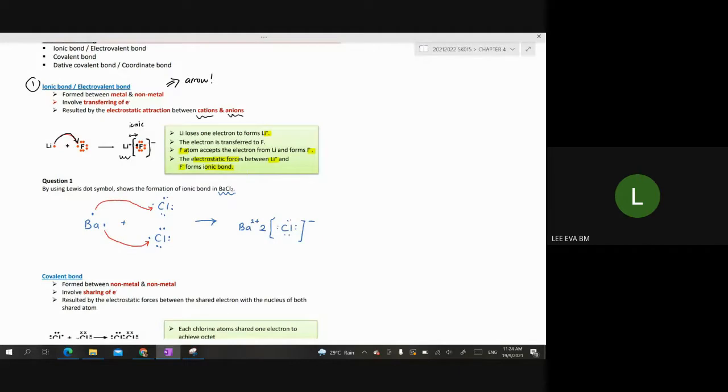So later you can practice writing the explanation. Okay, so Ba loses 2 electrons to form Ba2 plus. Okay, and then the electron is transferring to Cl. So Cl atoms receive. Okay, over here because I have 2 chlorine atoms, so maybe you want to put 2 chlorine atoms receiving 1 electron each to form 2 Cl negative.